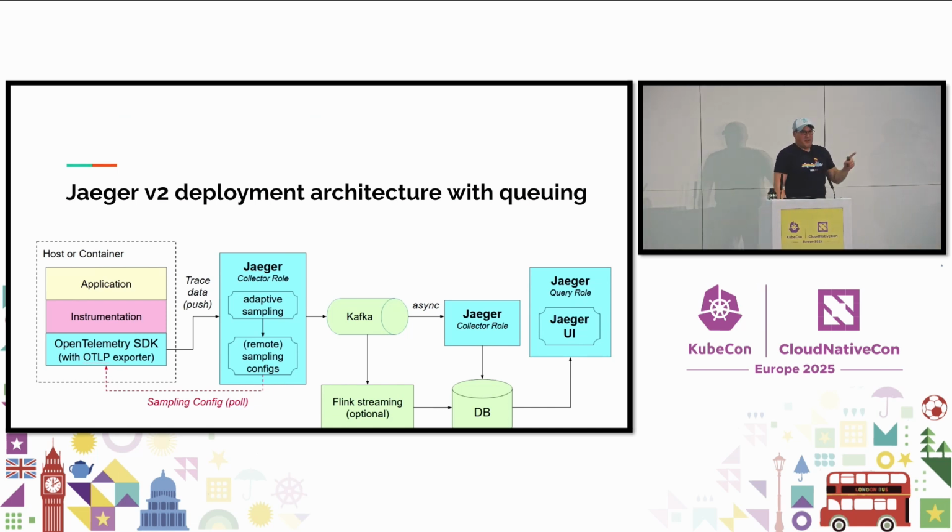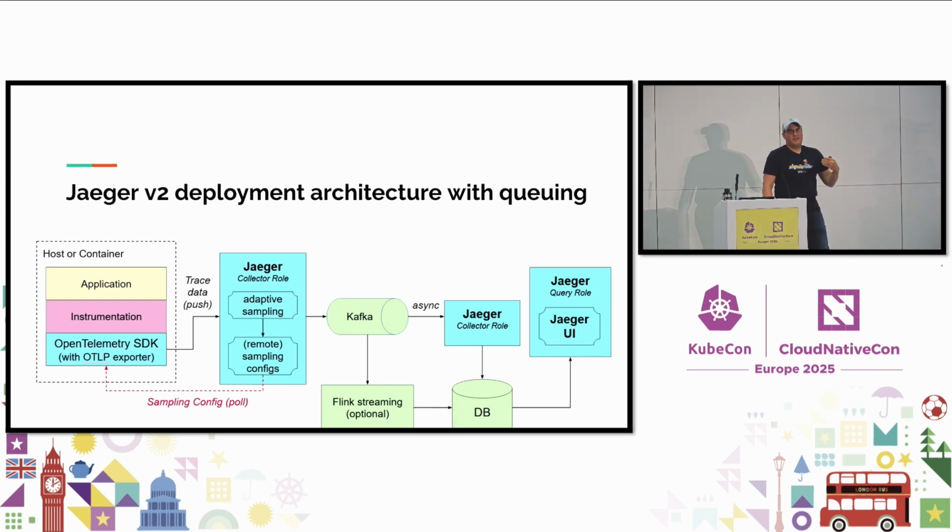The other thing is some of the SDKs in OpenTelemetry have a cool feature called remote sampling, which is only a Jaeger feature. That actually allows you to dynamically change head-based sampling on the fly, which is a really cool feature. So basically the SDK checks with the collector, it gets the sampling configuration, and then it can dynamically change the application sampling without you restarting it or touching it.